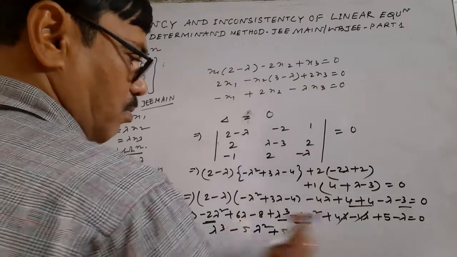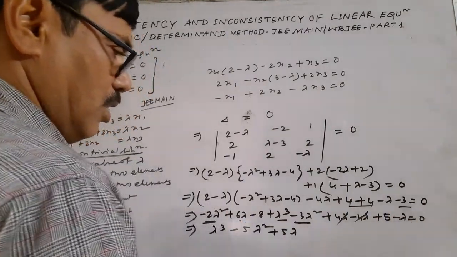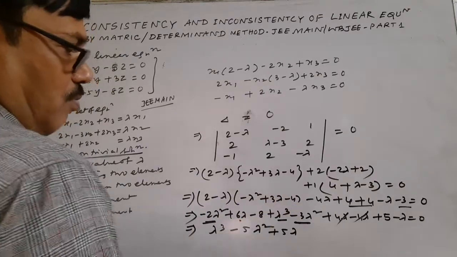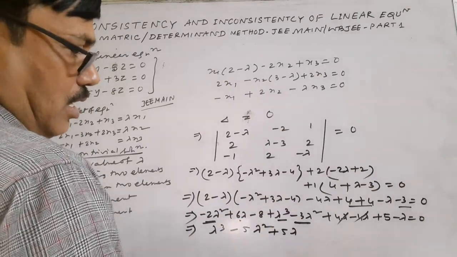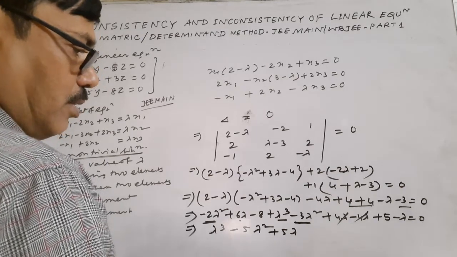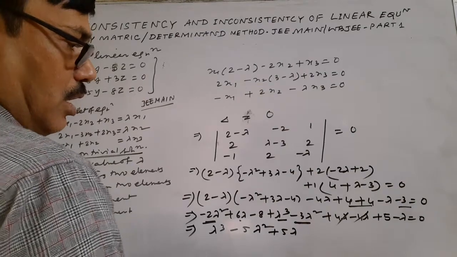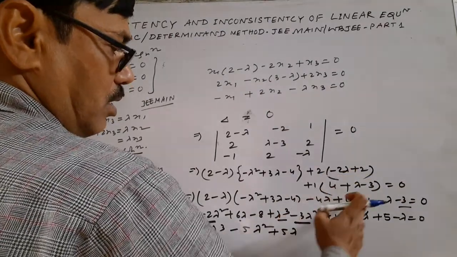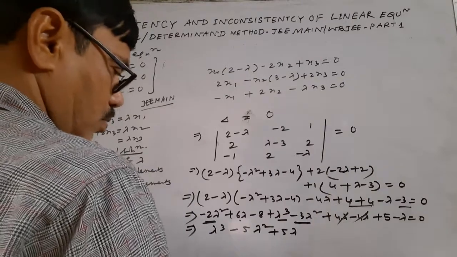Then this is minus 8 and this is plus 4, 8 minus 3, this is 5.